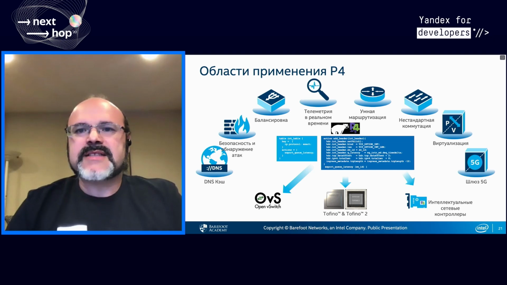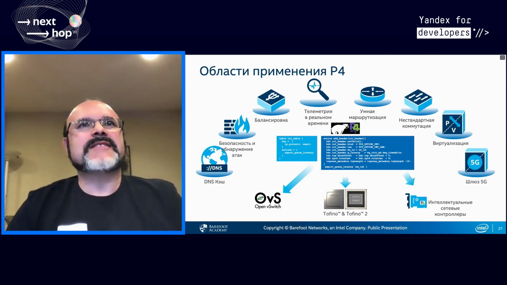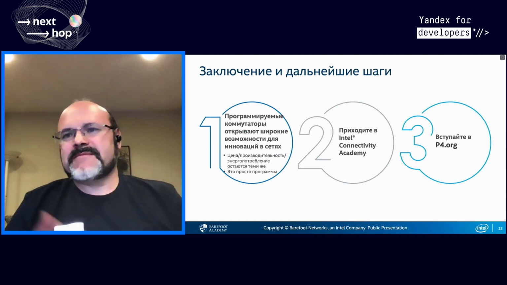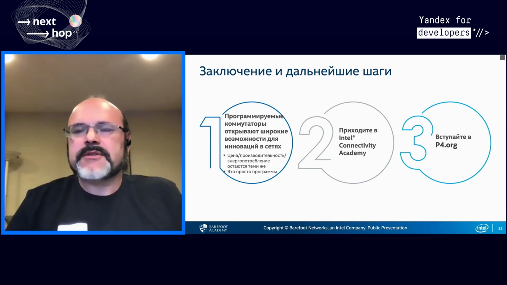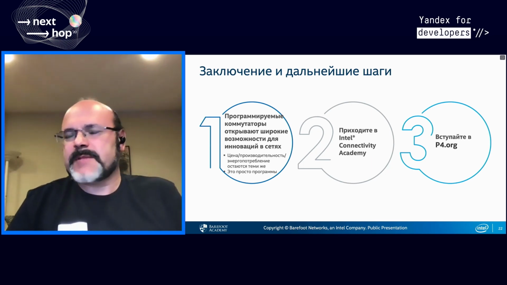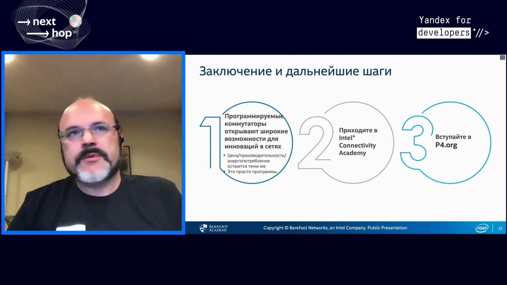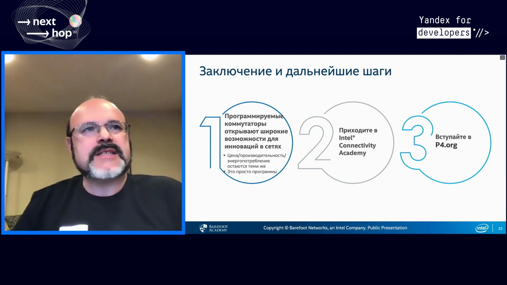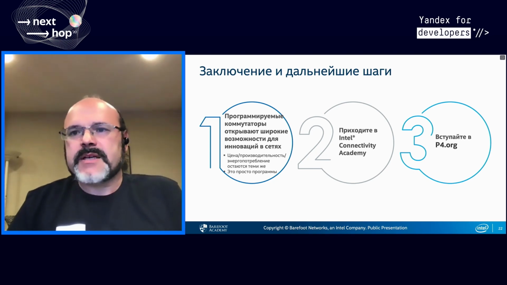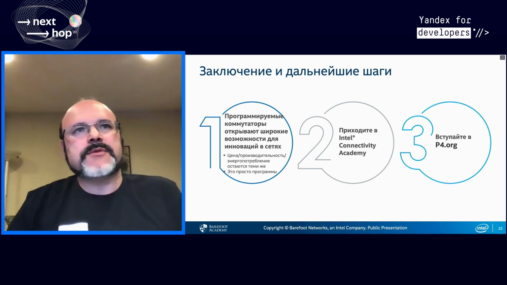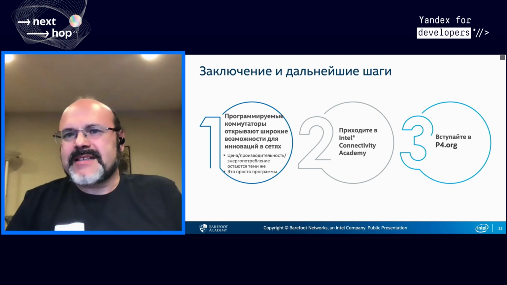And finally, to conclude my presentation, here is what I would advise you to do. First, such programmable commutators open a wide spectrum for you. You have just to give it a try, to test. Try doing something. You may use whitebox and write your own commutator and write your own extension or your own control plane, or do whatever you need.